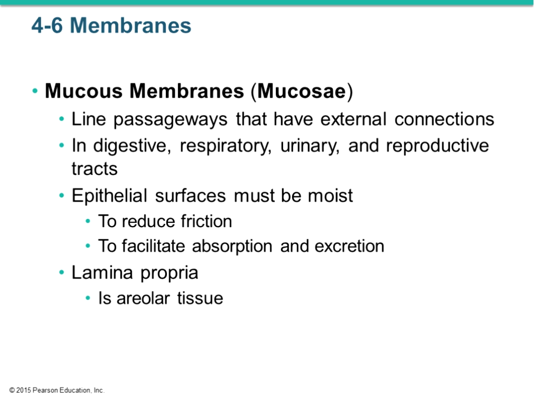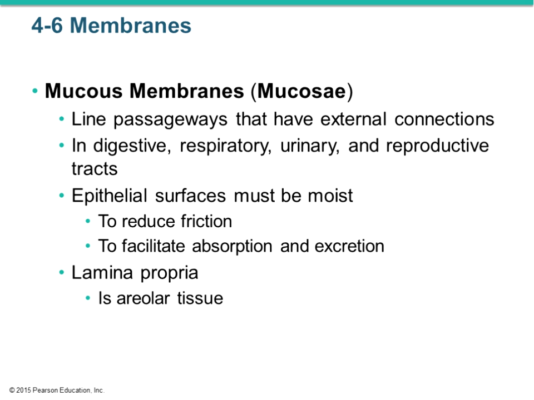All right, so mucous membrane, a really important membrane that lines our digestive, respiratory, urinary, and reproductive tracts. It contains an epithelial component, which typically releases a mucus secretion to keep that surface moist, like in the digestive pathway.